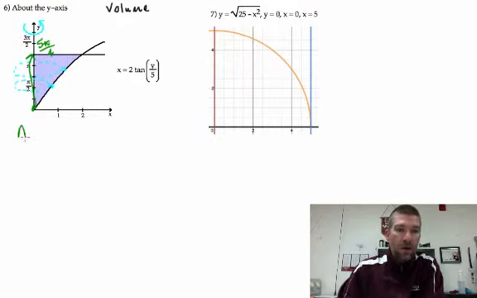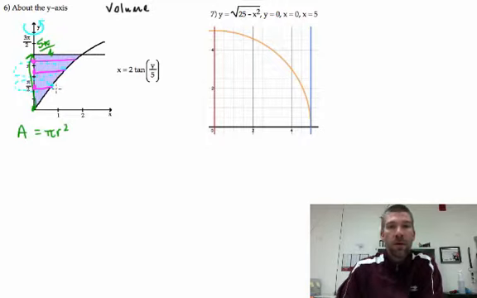Well, the area of a circle is pi r squared. And if you'll notice on this problem, our radius is based off of where we're at in relationship to the y-axis. So our radius constantly changes from point to point all the way along the graph.